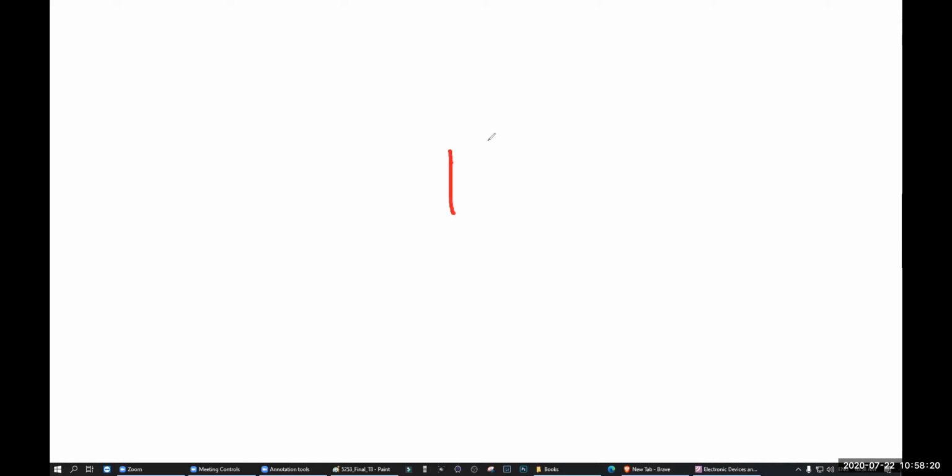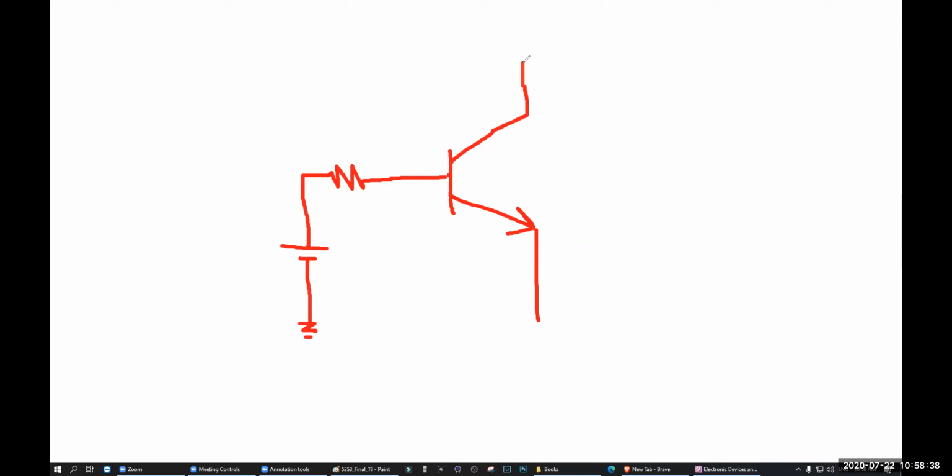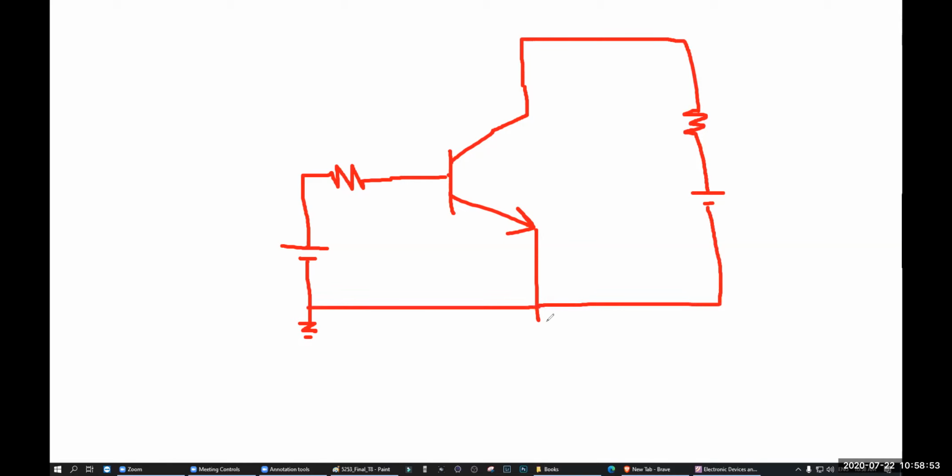So here you have a transistor. Okay, now here obviously, something like this.